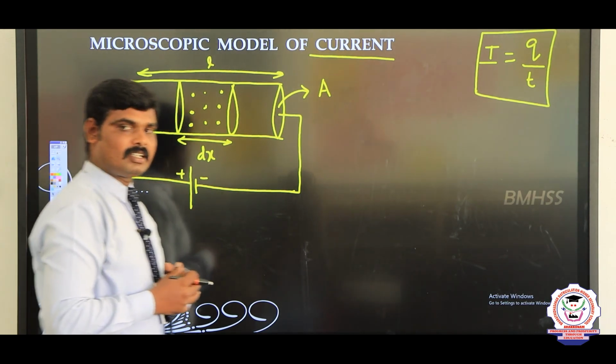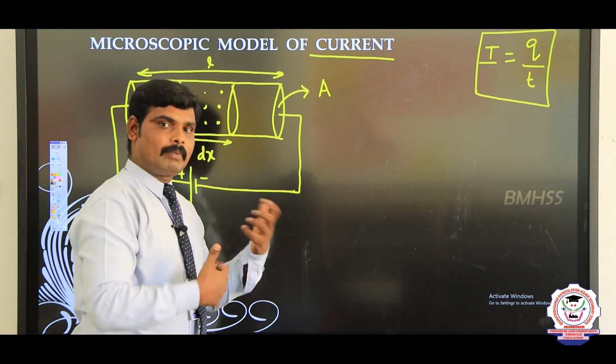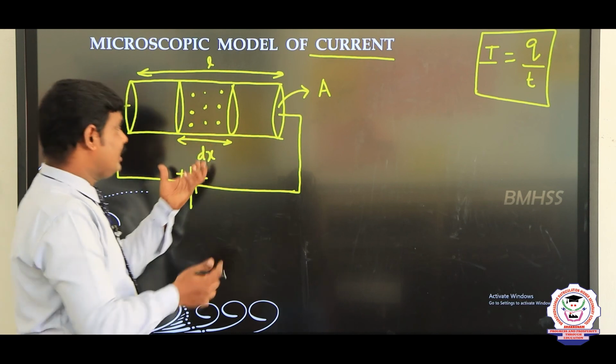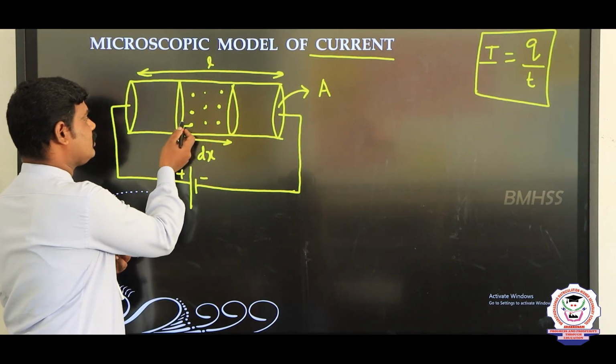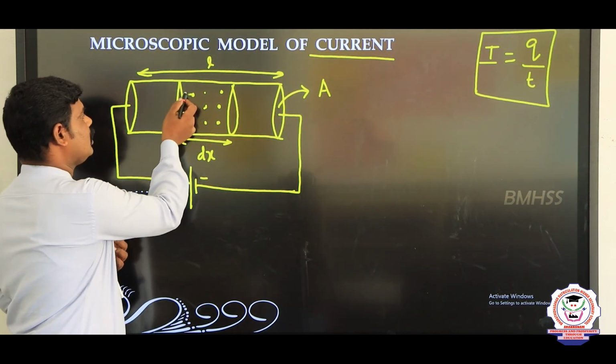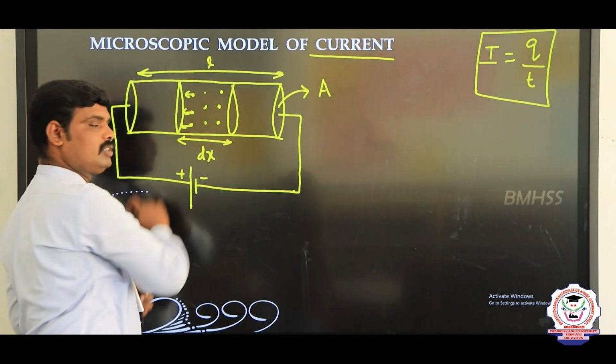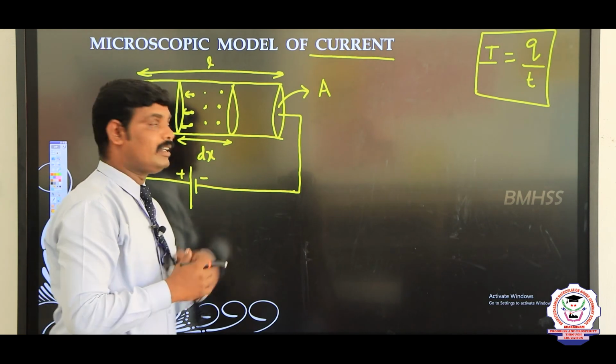That velocity is called the drift velocity.